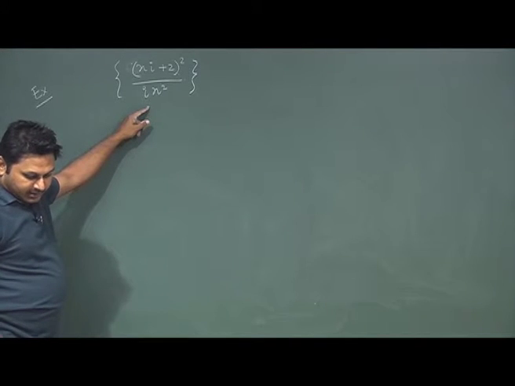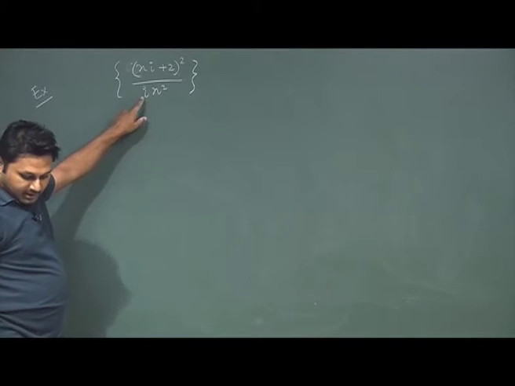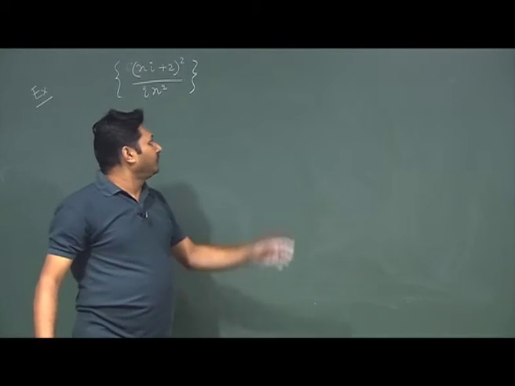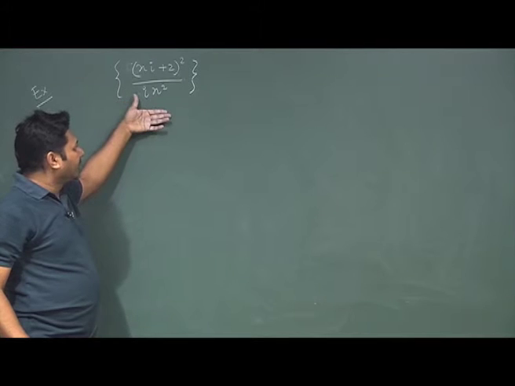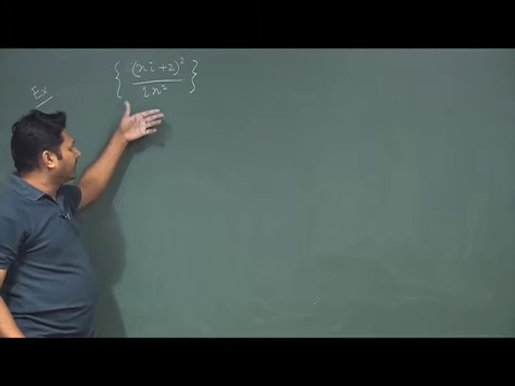Let me check it is correct or not: (ni + 2) whole square, and then n square i. Okay. So, we need to find out whether this sequence is converging or not, whether this is a converging sequence or not.